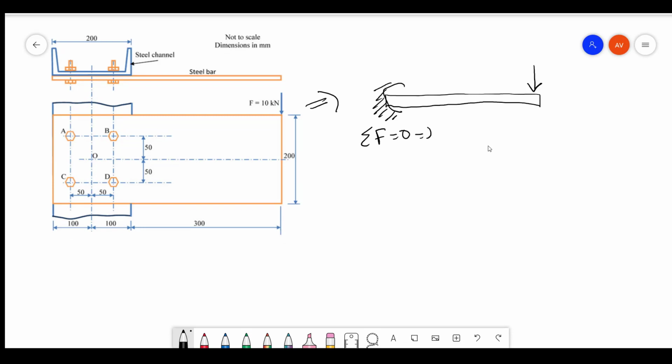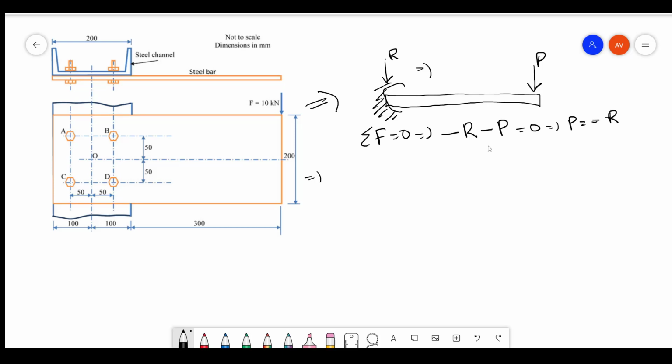That means let's take a resistive force which is here. Of course the direction will be reversed so that it will balance, but let's go with this. So what you will get is minus R minus P, since it's pointing down, is equal to 0. That means P is equal to minus R basically, right?